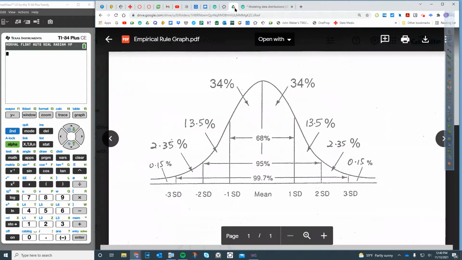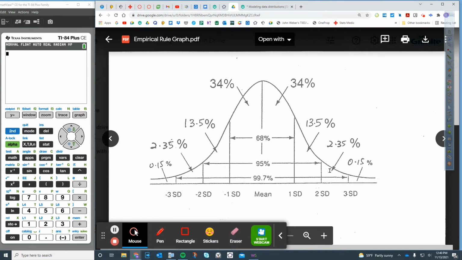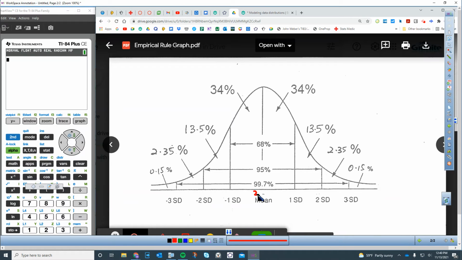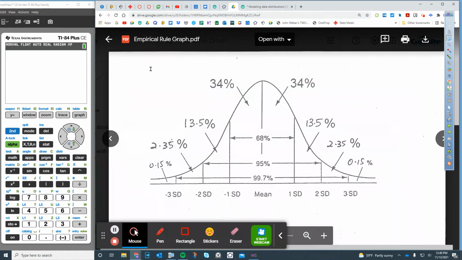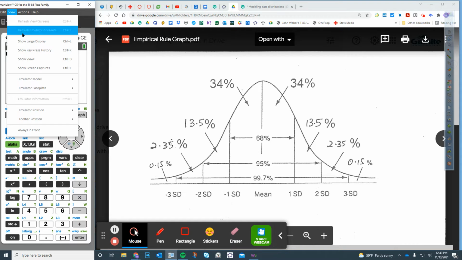Now I want to use this to actually help. If this is 22.4 in the middle, I should use my calculator.